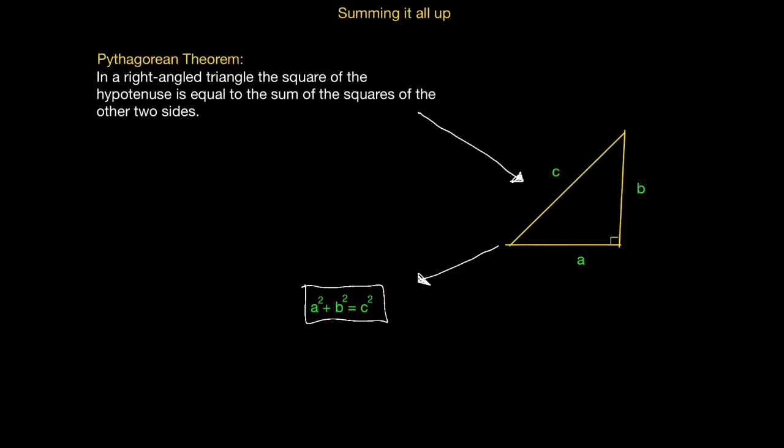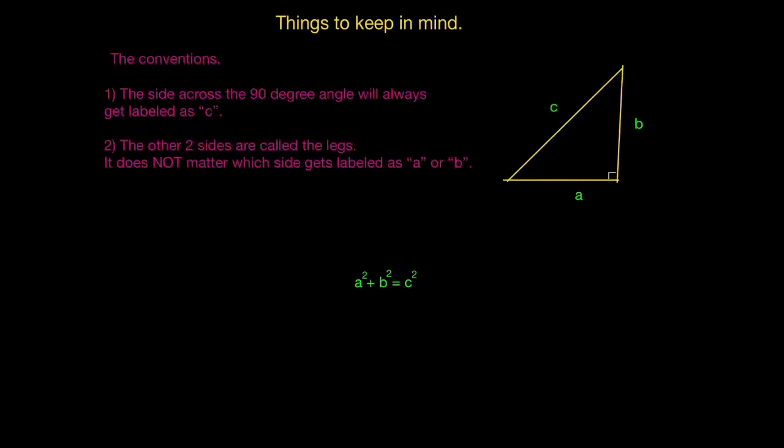But before we actually get into the examples, these are just some things to keep in mind. These are conventions that are used. The first one being that the side that's across the 90-degree angle, this one right here, will always get labeled as C. Okay, your hypotenuse is always going to be C. And the other two sides are called the legs.